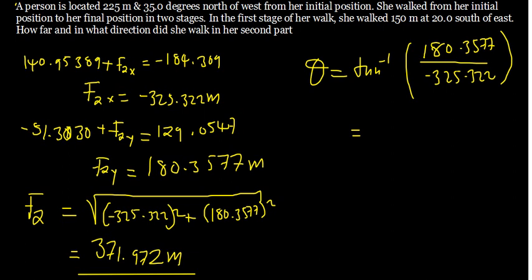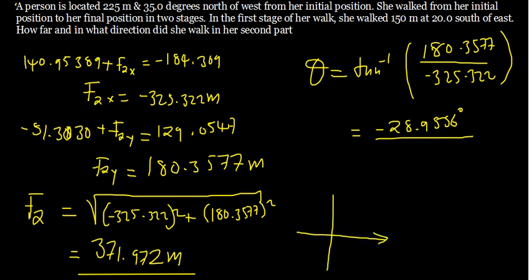So I start by saying 180 divided by negative 325.322. The answer that I find, I now press tan inverse of that value. That is giving me negative 28.9556 degrees.